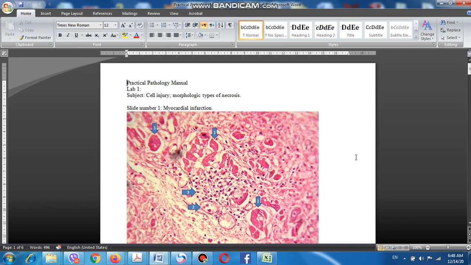The cell cytoplasm is preserved as it is. There are special features that refer that these cells, although they are preserved in morphology, are dead.